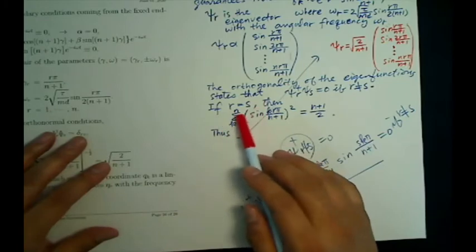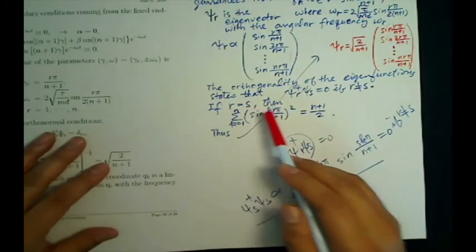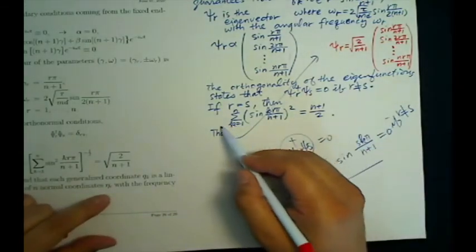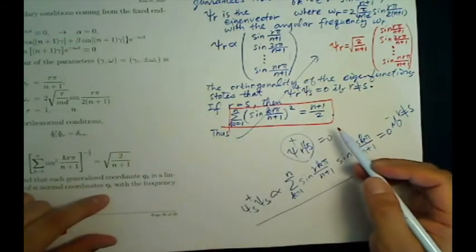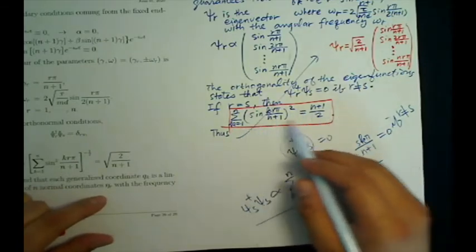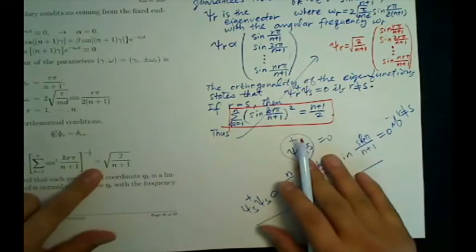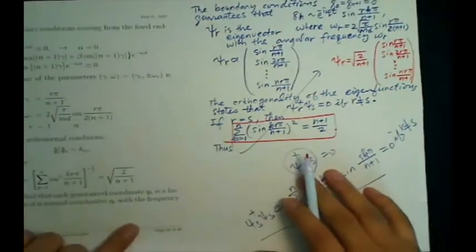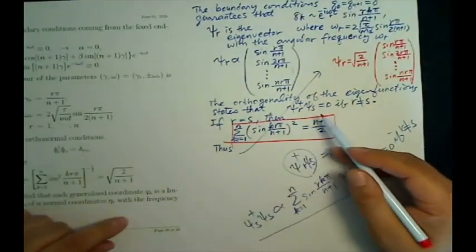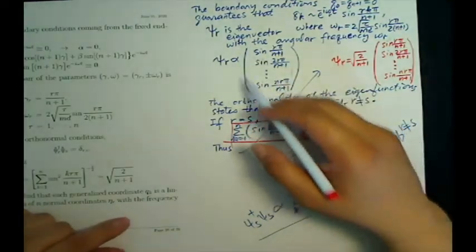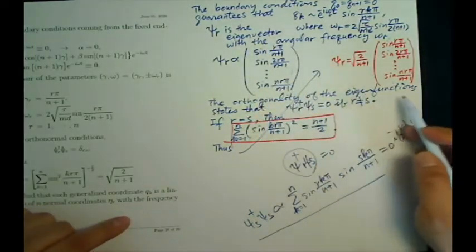Next, we consider the r equals s case. Then the answer is this. Let us prove it immediately after this page. If I make use of this normalization, then what I find is that the inverse of this square root is to be multiplied to the original eigenvector to find out the normalized eigenvector.